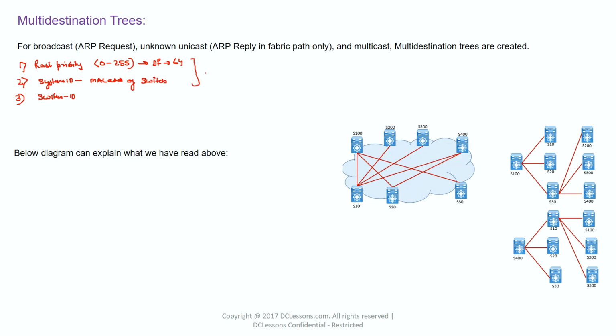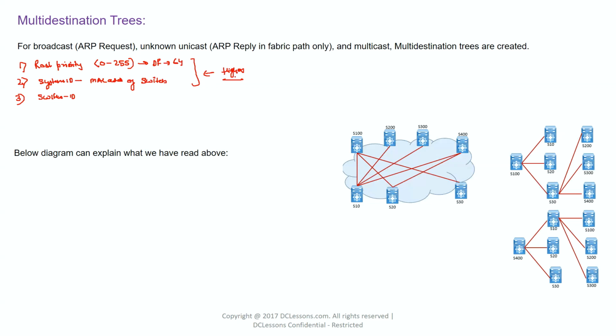The higher values will be taken, so the switch with the higher root priority or system ID will be elected as the root switch for multi-destination tree 1. Once a switch becomes the root for tree 1, a second root switch will be negotiated using these values among the other switches. So we will have two root switches, one for multi-destination tree 1 and a second for multi-destination tree 2.